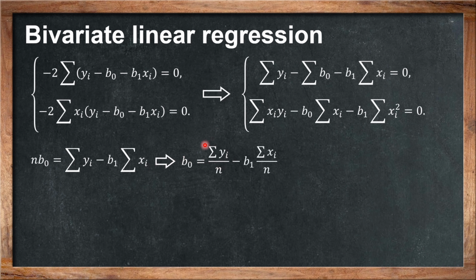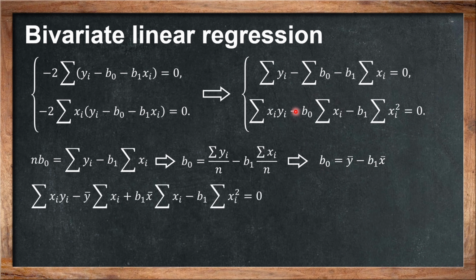And please note that sum of y sub i divided by n is y average, and sum of x sub i divided by n is x average, which gives us the expression of B0 through x average, y average, and B1. And then we just plug in B0 into this equation and get the following thing.